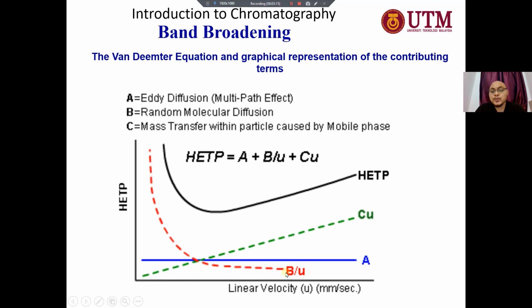If you use a flow rate that is too fast, you will increase the effect of mass transfer. If the velocity is too low, it will decrease the efficiency, or increase the effect of random molecular diffusion.